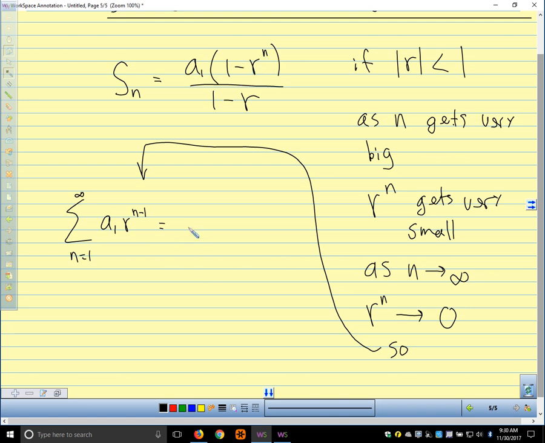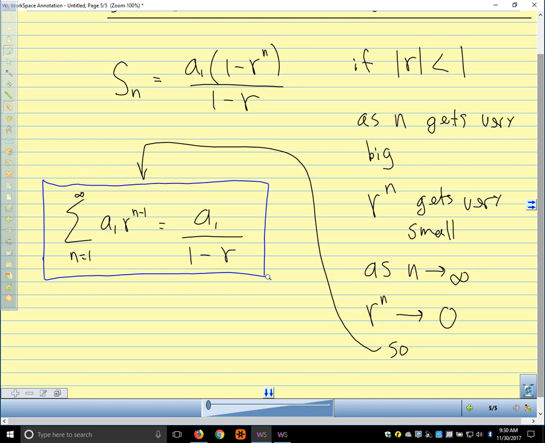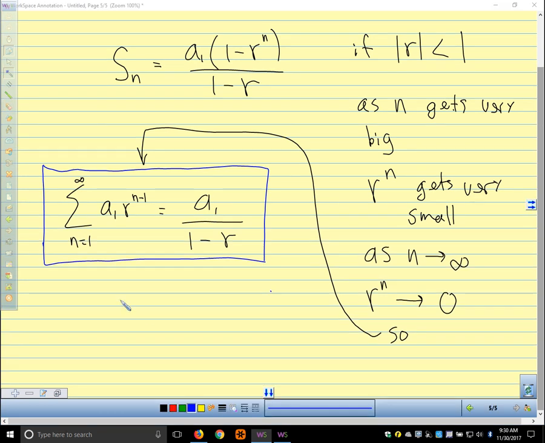So we have a1 in the numerator over 1 minus r. And this would be the sum of our infinite geometric series.